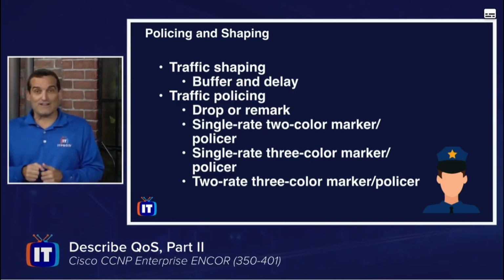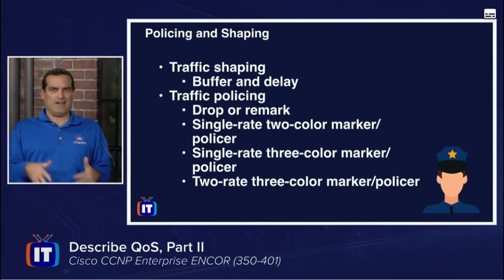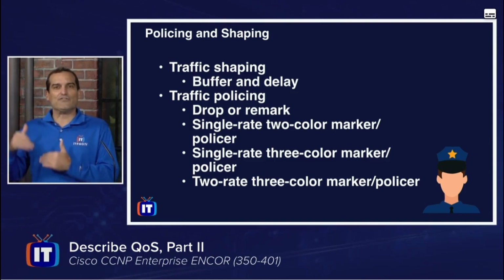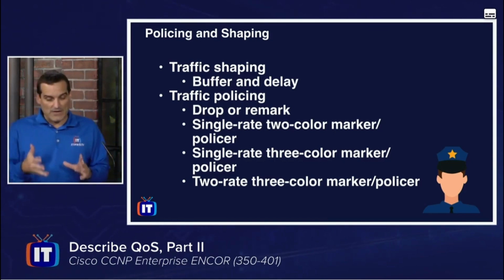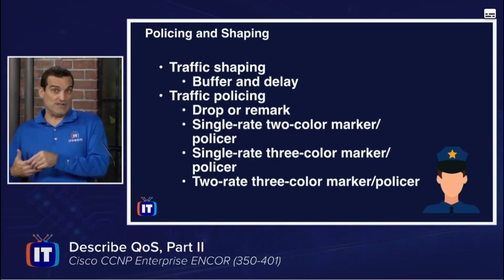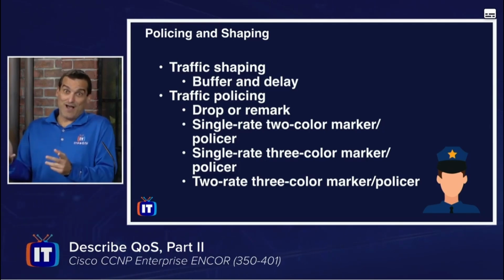Now, what is going on in this slide, Ronnie, where we have single rate 2 color, single rate 3 color, 2 rate 3 color? These are all different types of policers. Here's what the colors mean. The 2 color versus 3 color. That is, let it pass, which the cop can do.